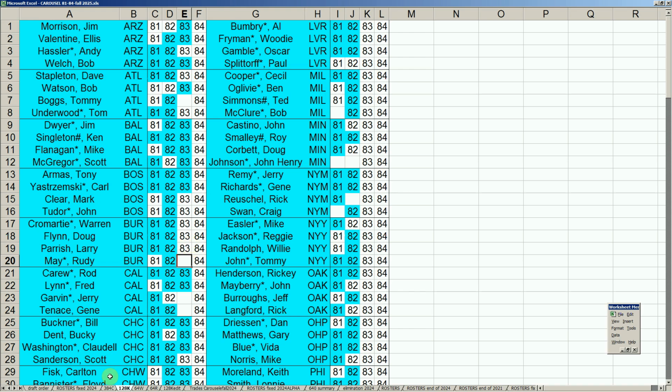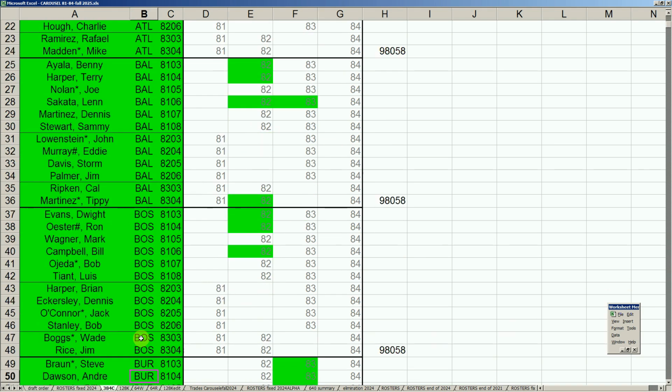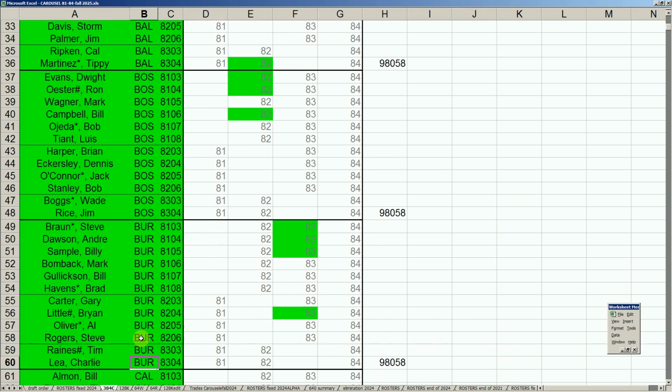Well, let's go to the carry-on thing and see first, is there any Expo players who have some good options in 83? And the answer is, yeah, there is actually. Fortunately for them, since their keepers aren't particularly good in that year, you can say, let's take Steve Braun, make him better, or Andre Dawson, or Billy Smith, or Billy Sample, or Brian Little.